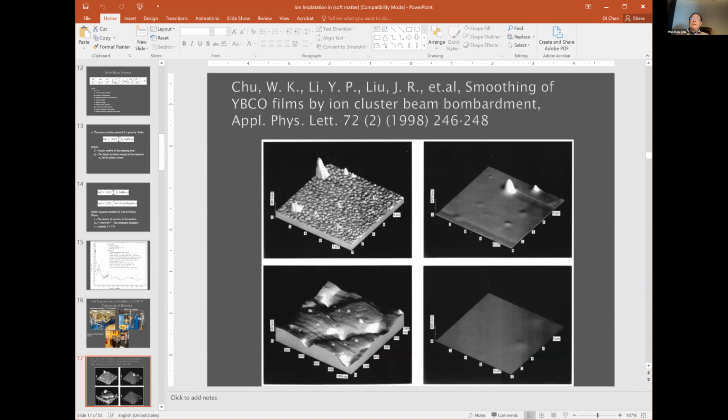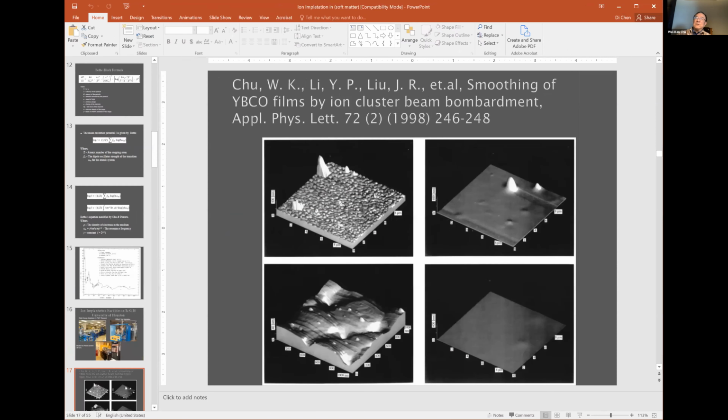Okay, here we show what happens when the cluster beam hits the sample. The most important function is to smooth the surface. I remember last time at the end of the talk, we talked about the atomic force microscope measuring smoothness. Smoothing the sample is sometimes very useful.